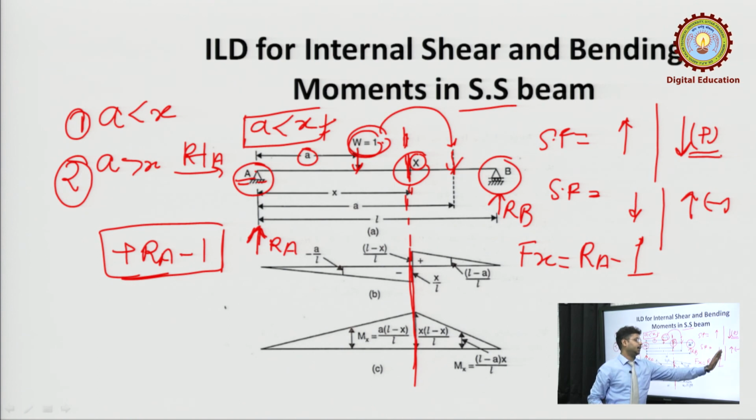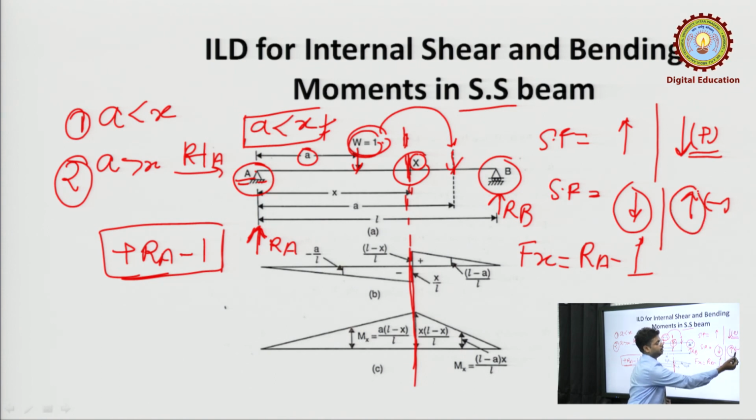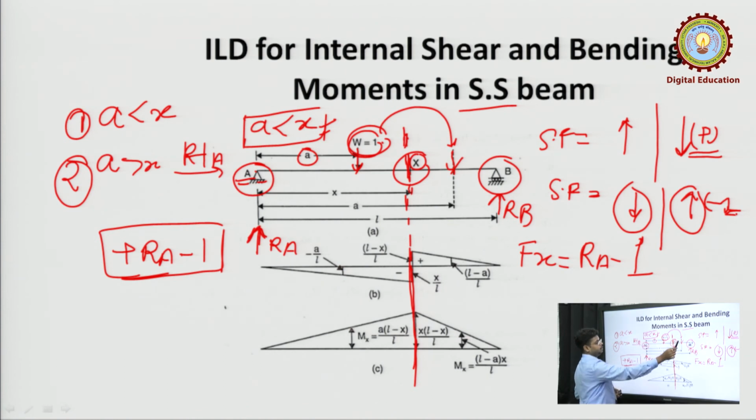If on the right side of the section the force is acting downward and on the left side the force is acting upward, then we take a negative sign. Because the section is here, we are taking the right side of the section: an upward force takes a positive sign and a downward force takes a negative sign.